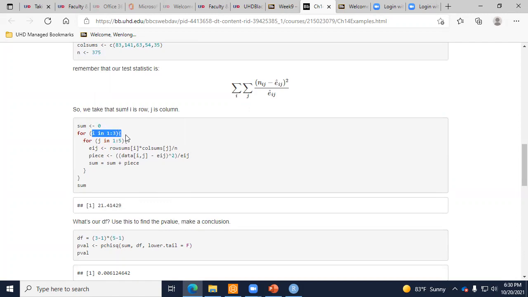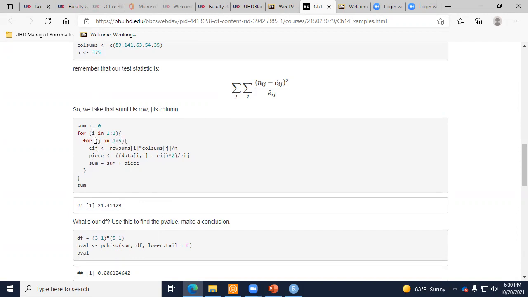So I did a loop. I first define the sum as 0, and then I update the sum in the loop. So I goes from 1 to 3, and J goes from 1 to 5.